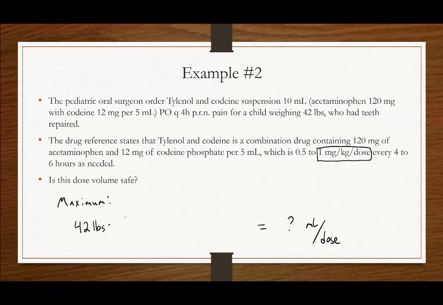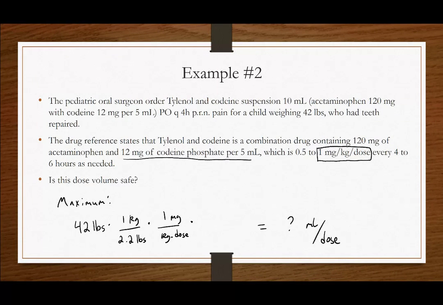So 42 pounds is multiplied by 1 kilogram for every 2.2 pounds. Then we'll include the particular safe dosage, which is 1 milligram for every kilogram dose. We also have the particulars of our suspension, which in this case tells us that we have 12 milligrams for every 5 milliliters.